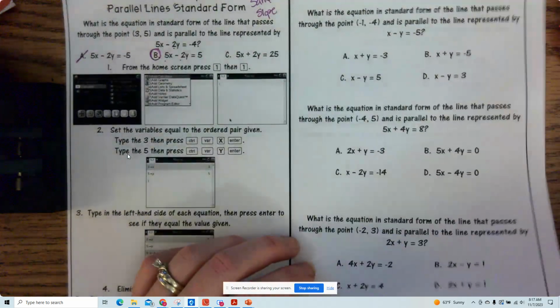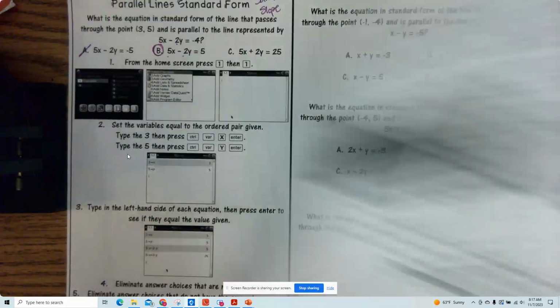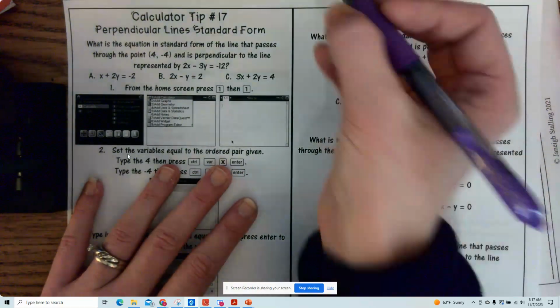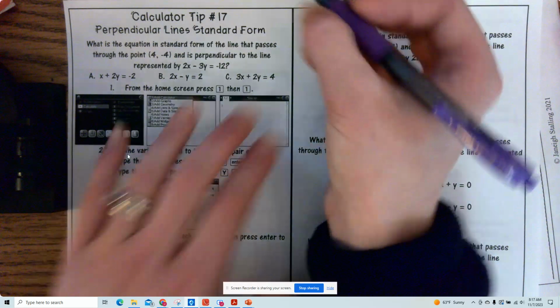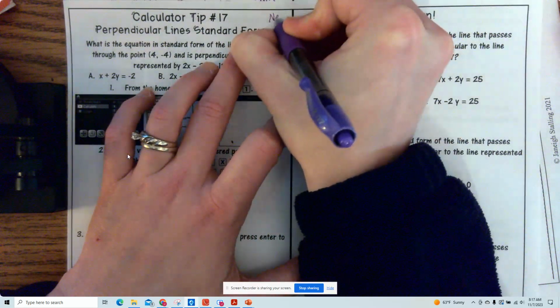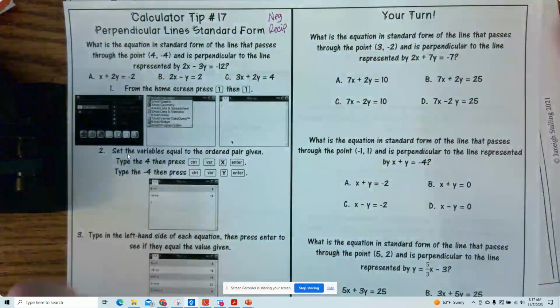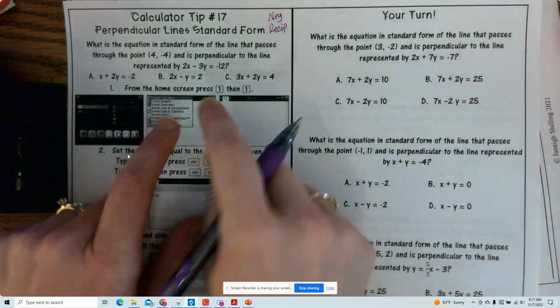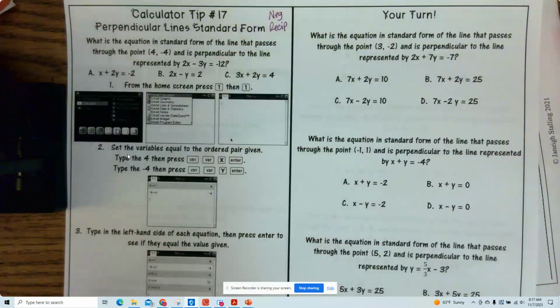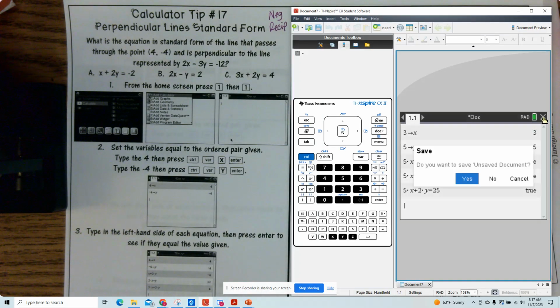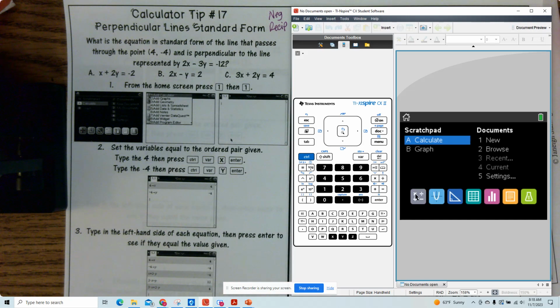So be careful. There's two pieces to these. Okay, so perpendicular. Do y'all remember the rule for slope for perpendicular lines? Negative reciprocal. Flip it, change the sign. So first thing I want to do is I want to check that point because this one's not as straightforward as those parallel lines are.